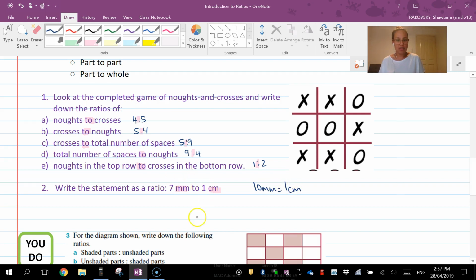So I'm going to convert this to 7 millimeters to 10 millimeters. And that's my ratio. The order is still the same, and now they are in the same units. You'll notice though that I have not put millimeters in here, because ratios do not have units. The reason they don't have units is because you are comparing the same kind. So see how it all links together.